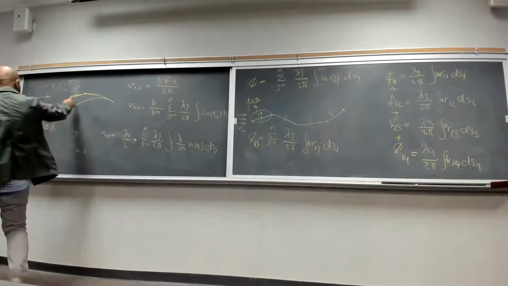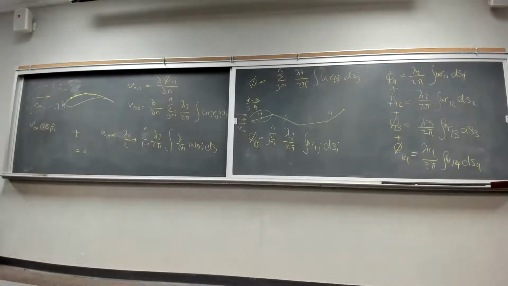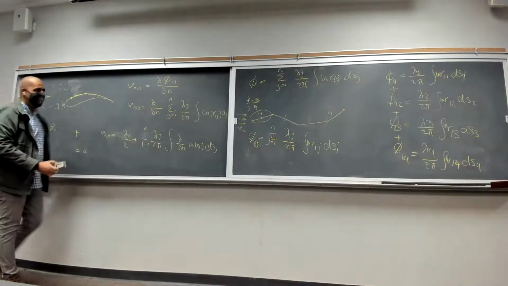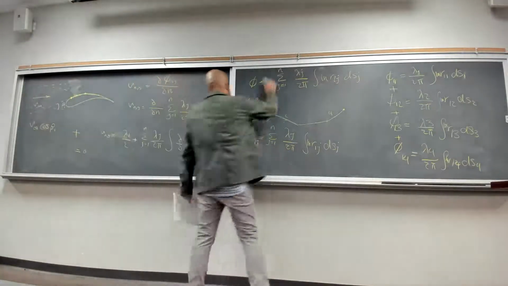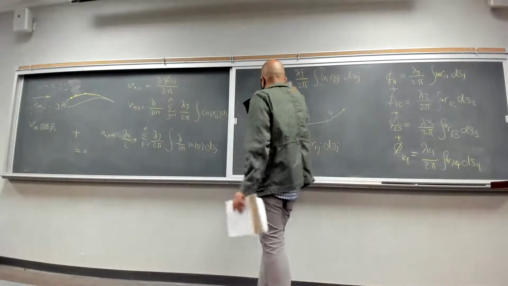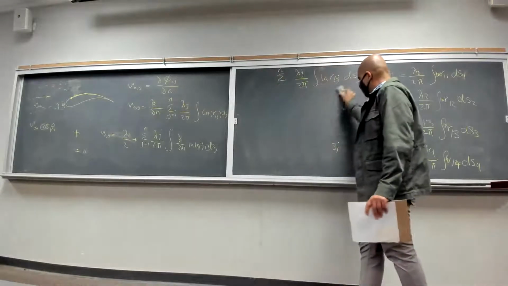We said the normal component of velocity is 0, right? But the tangential component of velocity is not 0, right? So how would you find the tangential component of velocity? You essentially calculate the lambdas first using this boundary condition we have for the normal component of velocities.